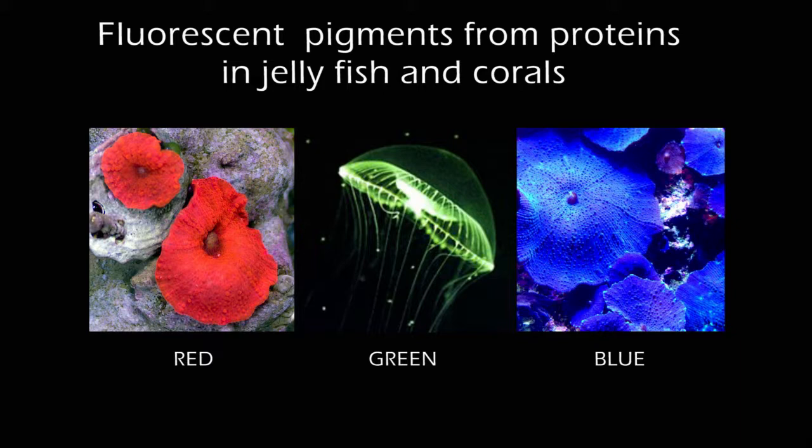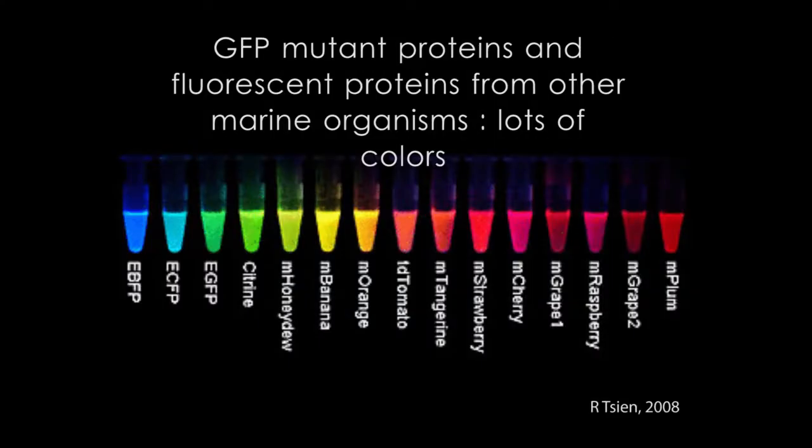There's a green fluorescent protein, and there are corals that glow red when you shine green light on them, and ones that glow blue when you shine ultraviolet light on them. So they're red, green, and blue fluorescent proteins. And in addition, as we've understood the green fluorescent protein better, that gene has been mutated to generate this extraordinary range of colored fluorescent proteins.